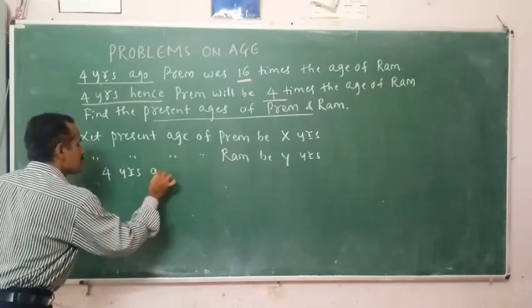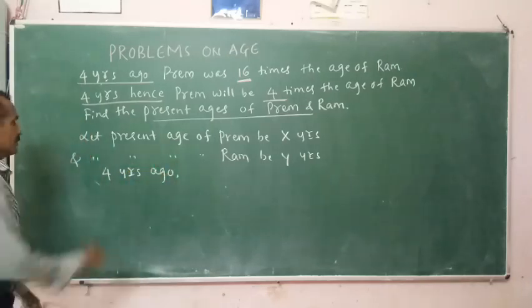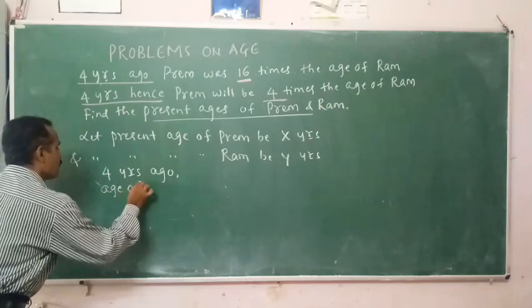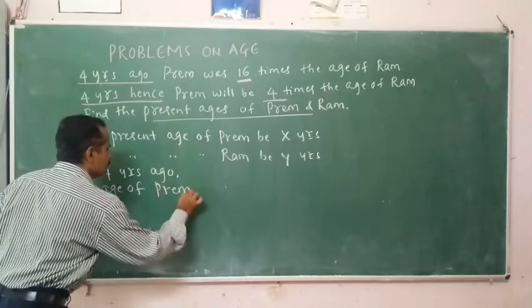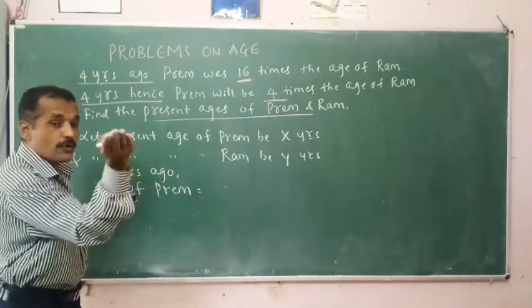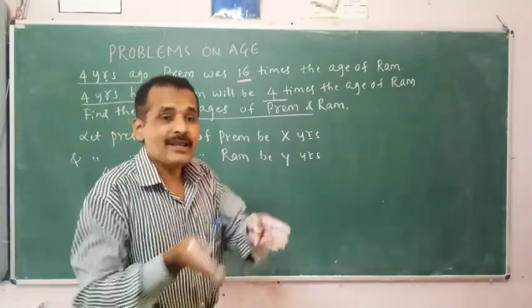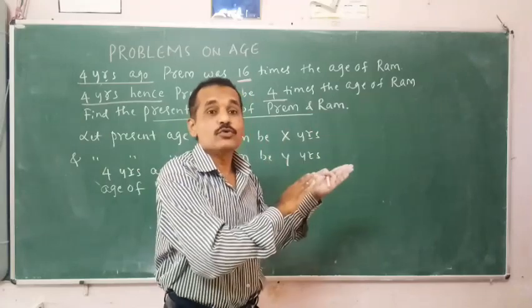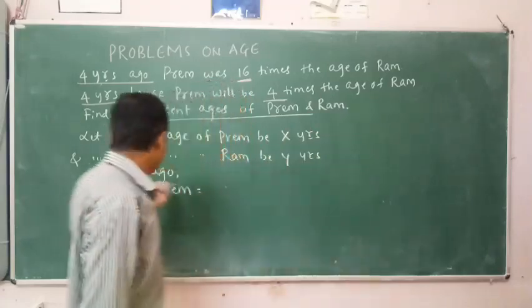4 years ago, age of Prem. It is the story of the past. I have to go back 4 years, like now it is 2020. I am going 4 years back, means 2016 I am going. Like that here.